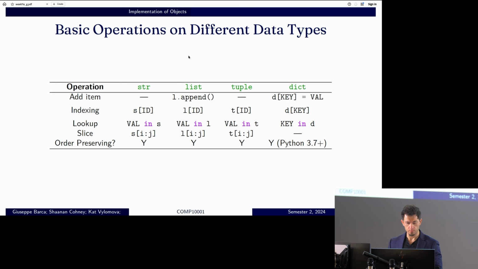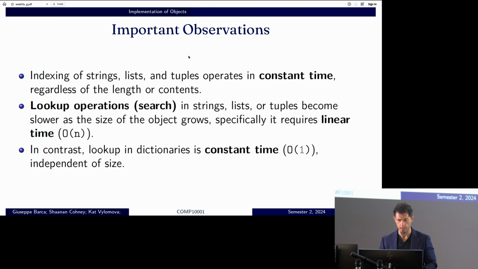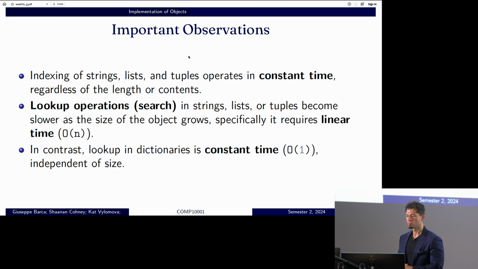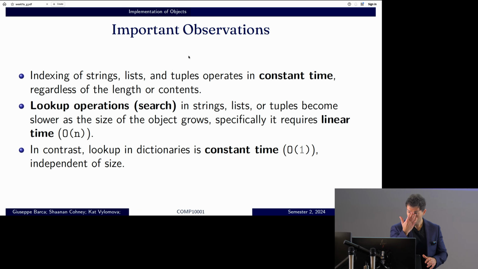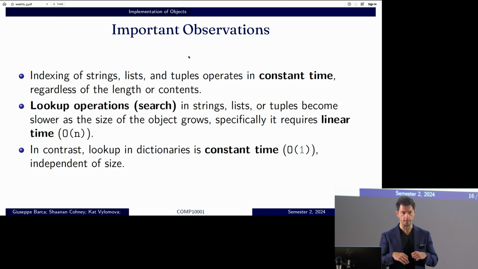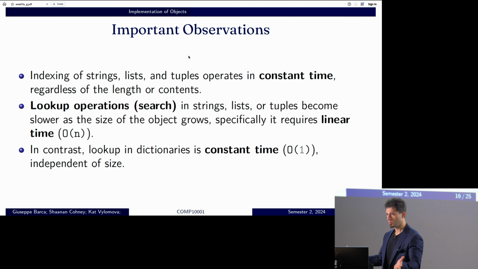Now, from this table, there were a couple of observations that I made. First one is indexing for strings, lists, and tuples takes constant time, regardless of the length of my iterable.